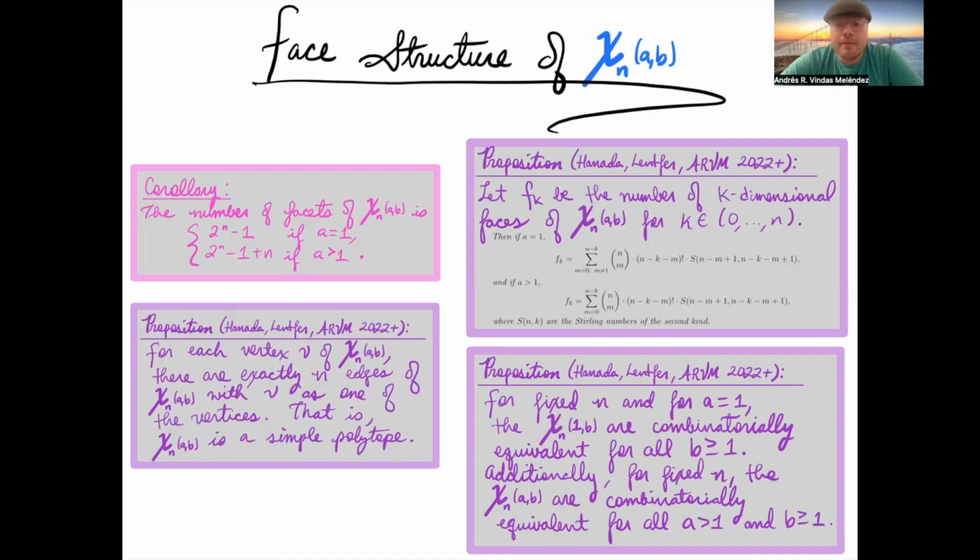I might have slightly mentioned this earlier, but if we take a fixed n and a equals 1, then no matter what b you choose, all these x parking function polytopes will be combinatorially equivalent. What I mean by that is that they will all have the same face structure.